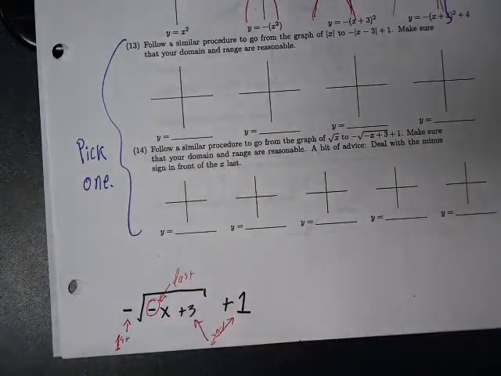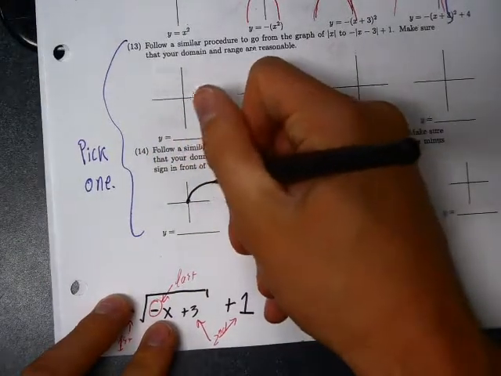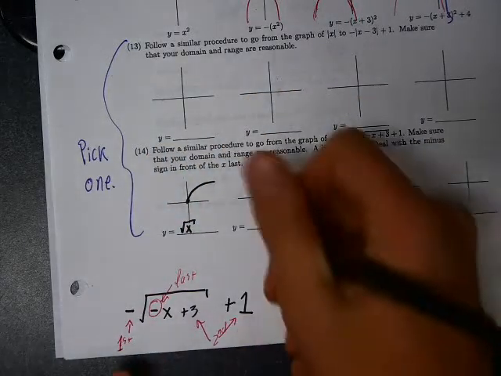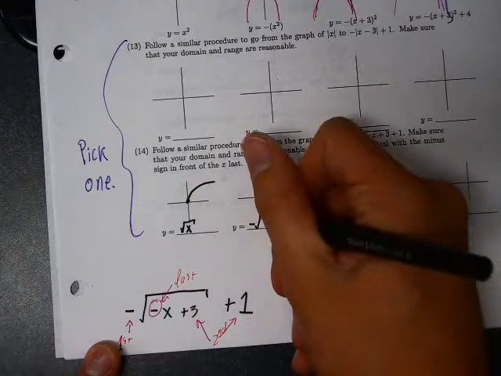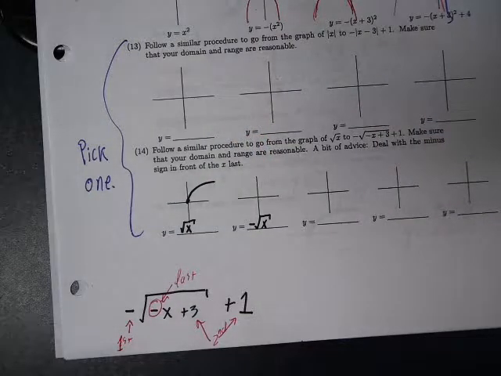So let's go for this one at a time. What does that negative, so starting with the square root function, we know what that looks like. There's y equals square root of x. So the first step then is going to be graphing y equals negative the square root of x. How do you go from the graph of the square root function to the graph of negative the square root function?